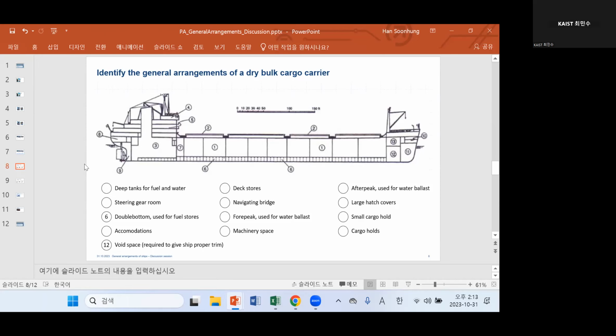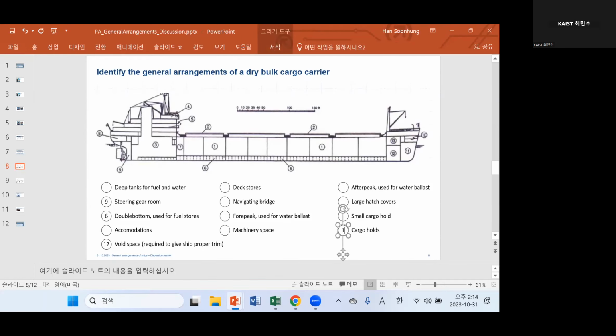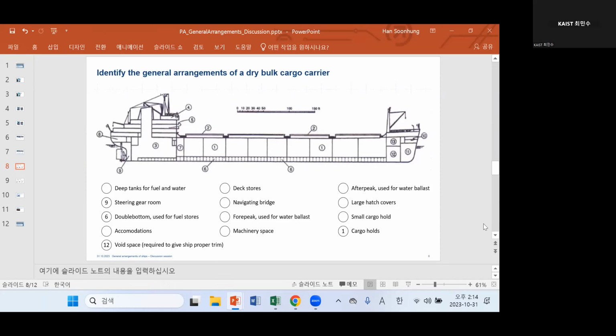Nine for steering gear. 9 for steering. Yeah. The last one, cargo hold is 1. Yes, that's indeed. I guess that 3 is for machinery space. Very good, yeah. 2 is for large hatch covers. Yes.